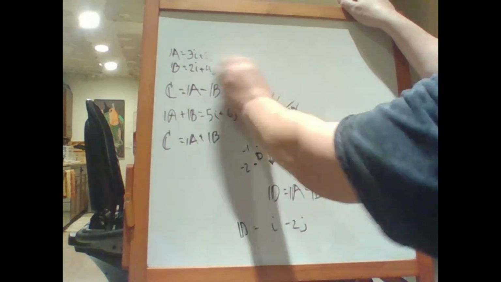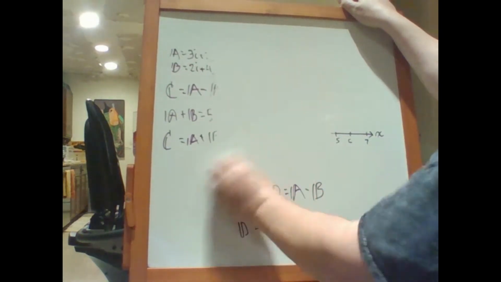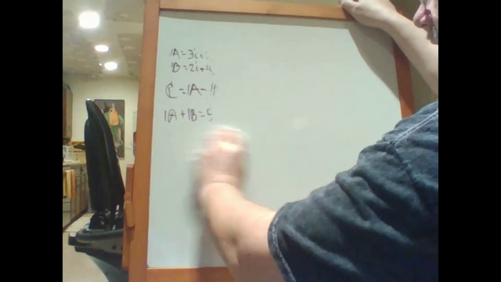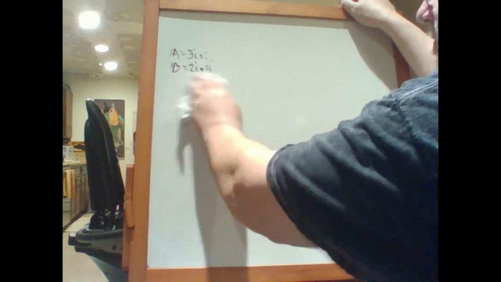Now this is all fine and good on how to add, but if we take a look at a vector itself, how do we know what the magnitude of the vector is?